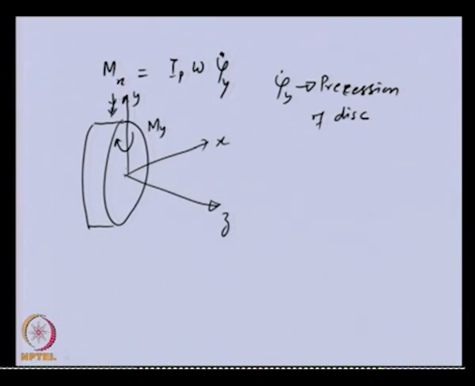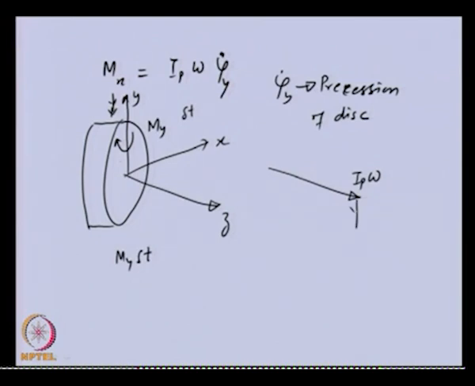Now the original angular momentum is along the z axis, and the moment which we have applied about y axis is for a small duration. So this My times delta t is nothing but the change in angular momentum in the direction of the moment applied.